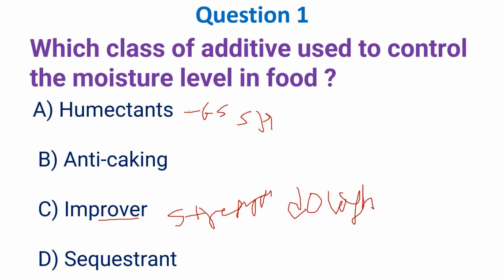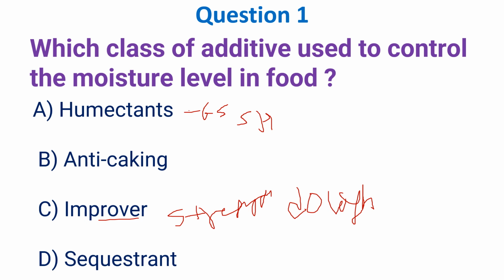And the last one is sequestrant. It is a substance used as a food additive to improve the quality and stability of food. Sequestrants form chelate complexes with polyvalent metal ions, especially copper, iron, and nickel, which can prevent the oxidation of fat in the food.